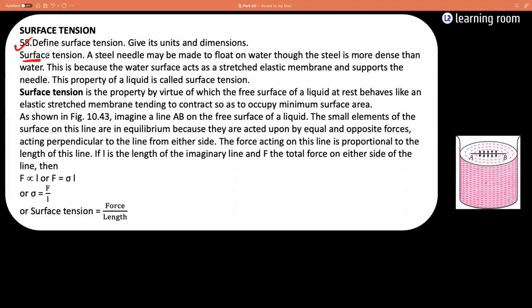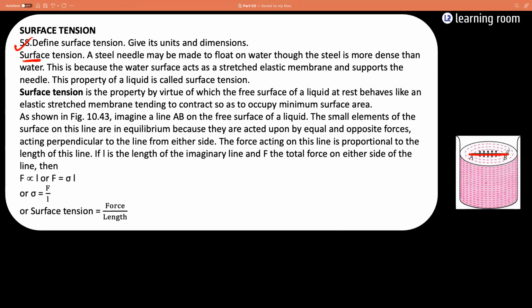But what will happen in reality is the steel needle will actually get suspended on top of the surface if you drop it in a perfect way. Why is it happening? Because the liquid surface, which is flat, will start bending in a curvature so that it is able to balance the weight of the needle dropped on it.